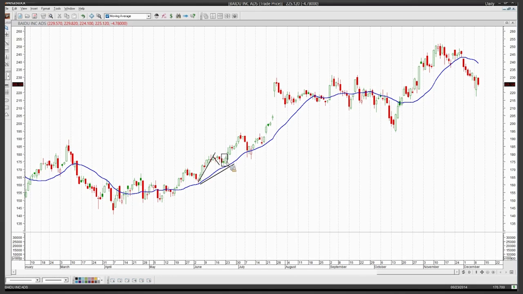Remember, for the setup, you're only looking at the bodies of the candles. For the trigger, you're taking the absolute high or low. So in this case, and this is another great example, I often get asked about the colors of the candles.